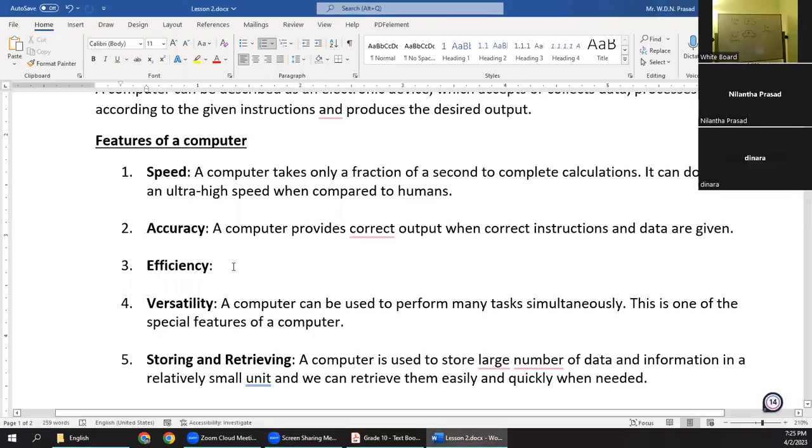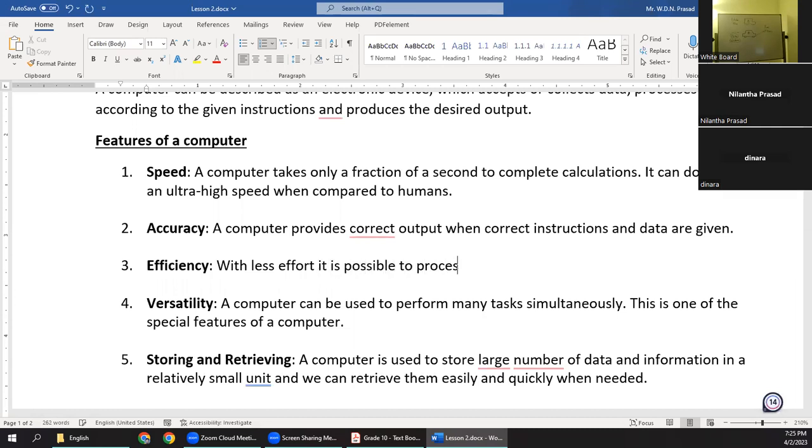We can write with less effort, and with less effort, it is possible to process more work, right?